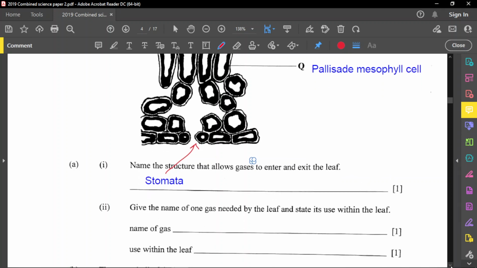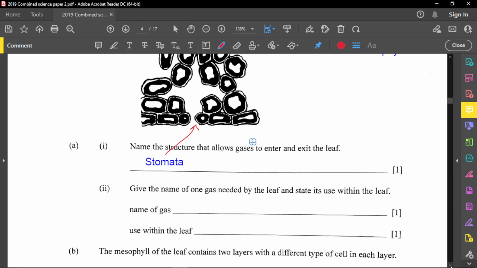Next: give the name of one gas needed by the leaf and state its use within the leaf. One gas needed by the leaf is carbon dioxide. Matter of fact, there are 2 gases needed by the leaf: one is carbon dioxide, one is oxygen. So you can have 2 answers here, or one of 2 answers.